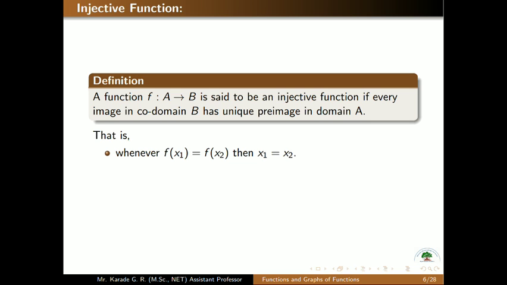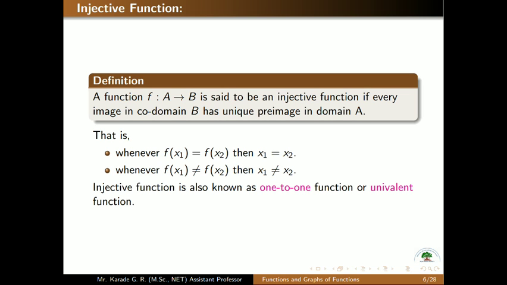Or whenever f of x1 is equal to f of x2, then x1 is equal to x2. In this case, we say that function f is injective function. In other words, whenever two images are not same, then their preimages are also not same. Injective function is also known as one-to-one function or univalent function.